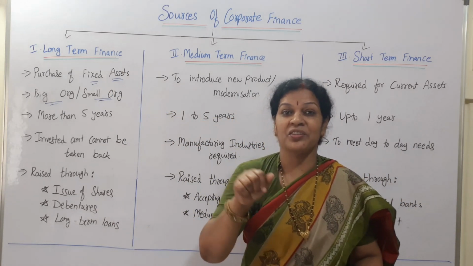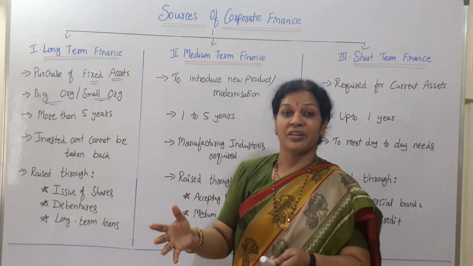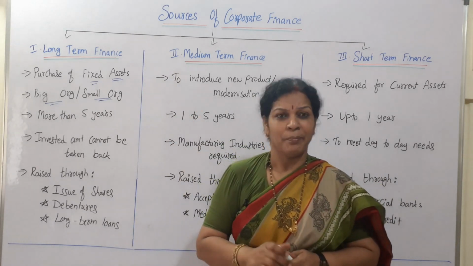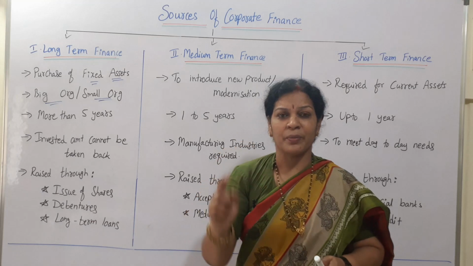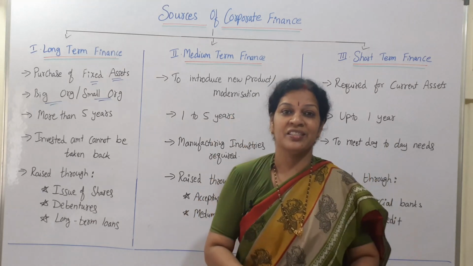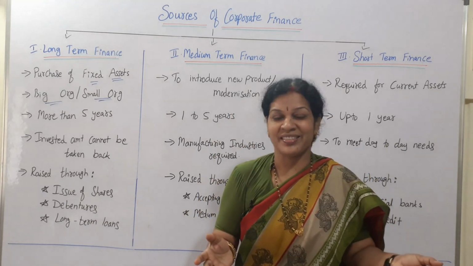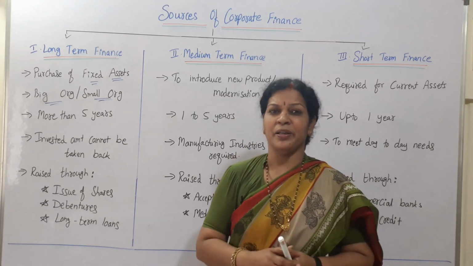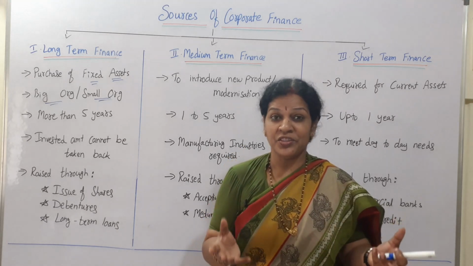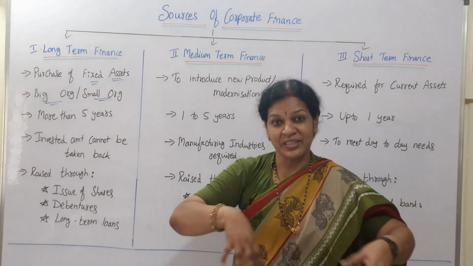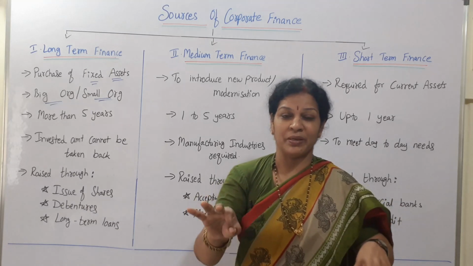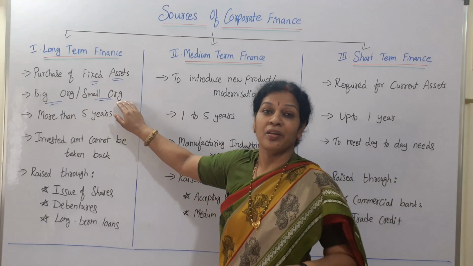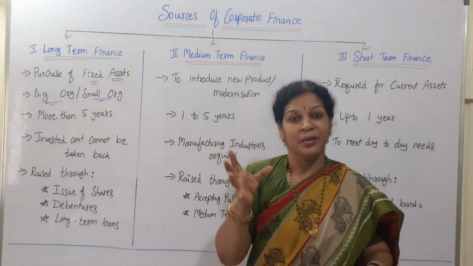But anyway, whether small or big, every organization needs long-term finance to purchase assets like machinery, land and building, and furniture. That varies based on the size of the organization, and based on that they will have the proper finance.